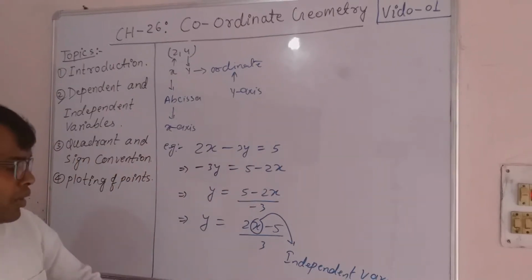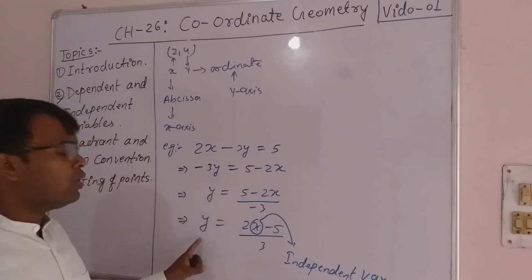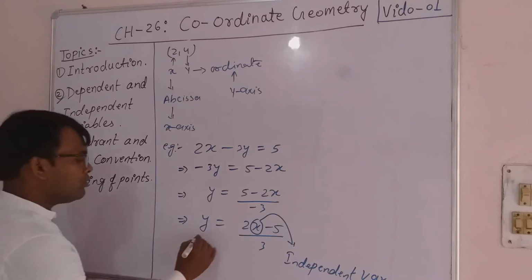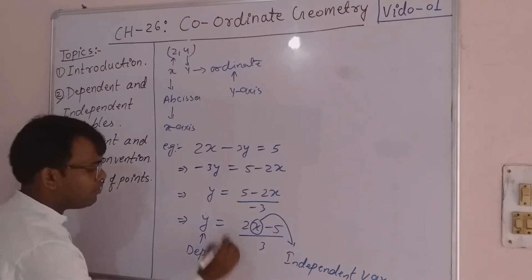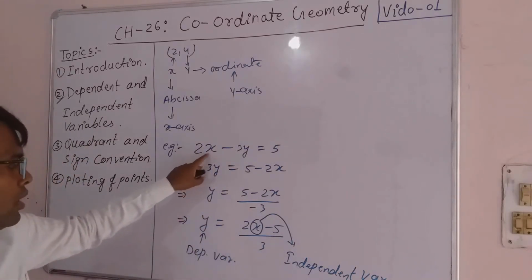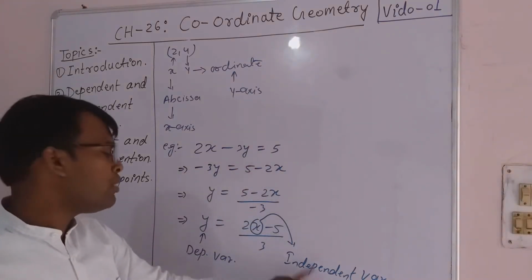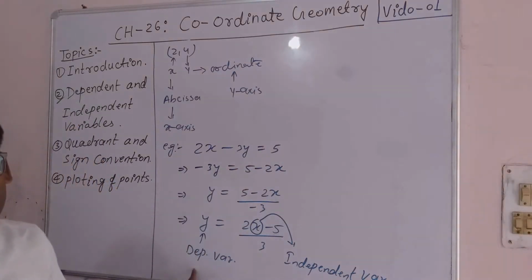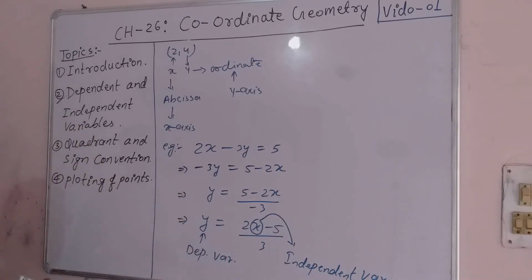And after putting in the value of x, the calculation gives the value of y. That's why y is called the dependent variable. You can also interchange them. If you find the variable x in terms of y, then y will be the independent variable and x will be the dependent variable. Okay, so this is all about dependent and independent variables.